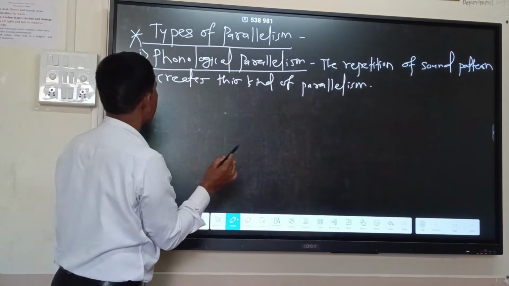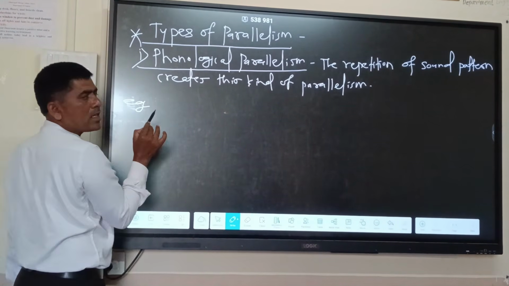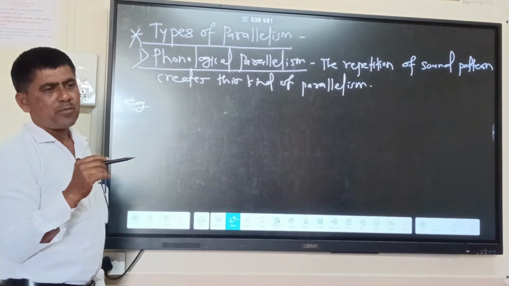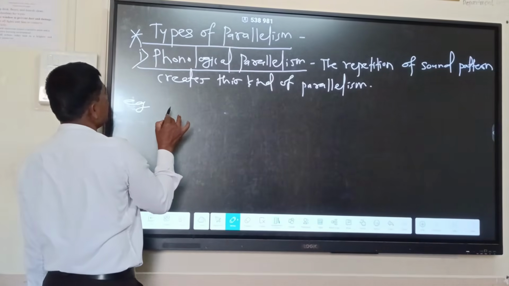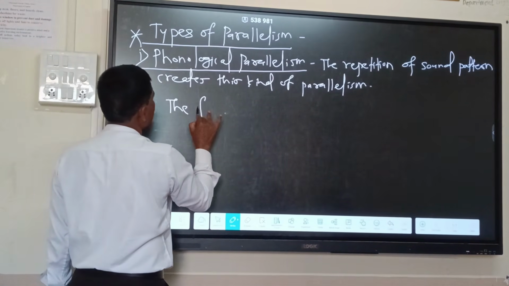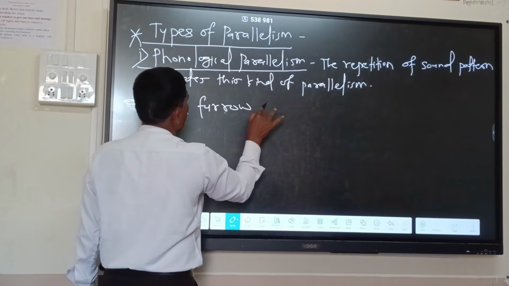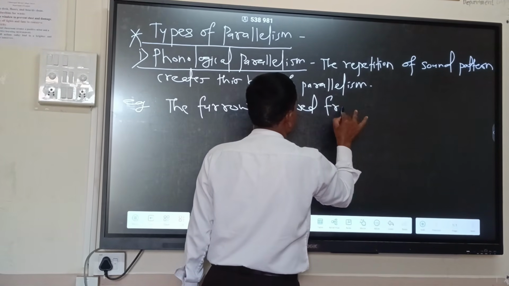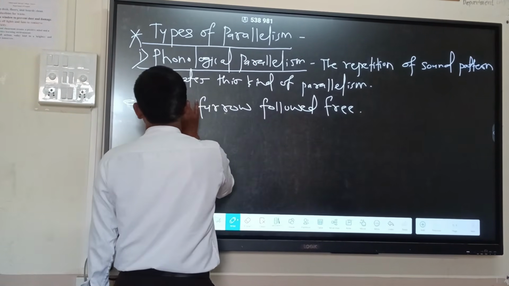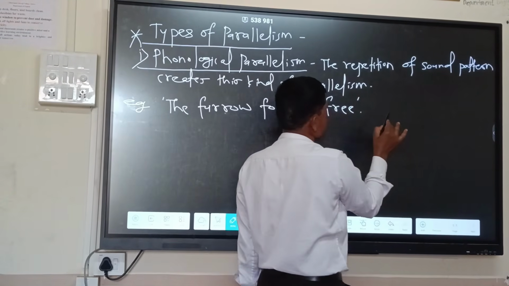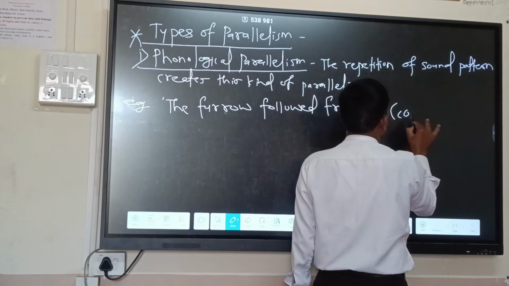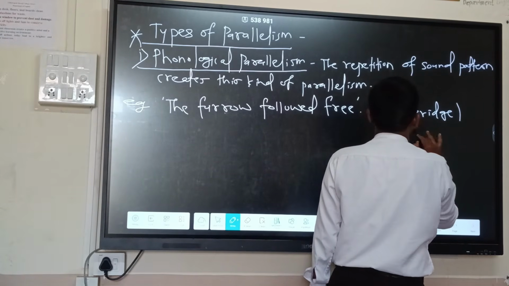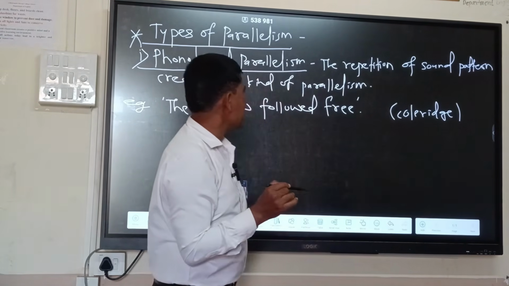For example, we have a very good example from Geoffrey Leech, from The Rime of the Ancient Mariner: The furrow followed free. This is a very famous example from Geoffrey Leech.